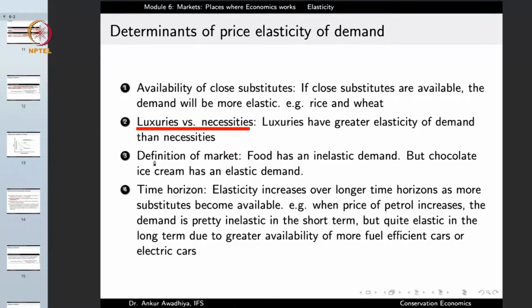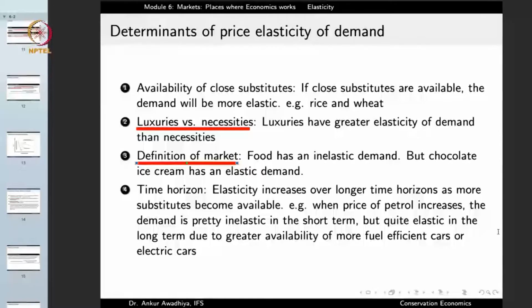Then it also depends on how you define the market. If we look at food, food has an inelastic demand, because people need access to food, whatever the price. Even if the price increases, people will have to eat roughly the same quantity of food, and so the demand for food is inelastic.